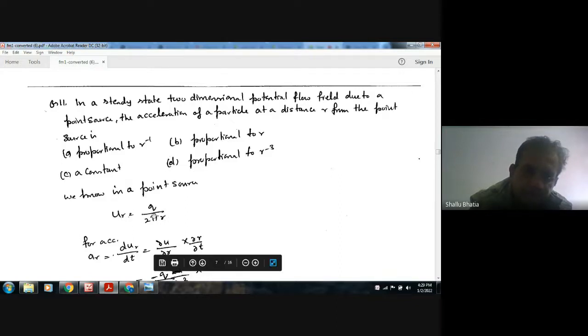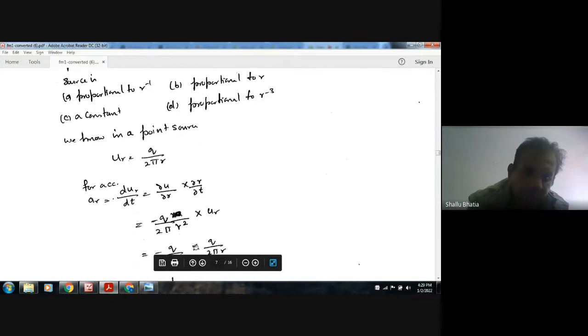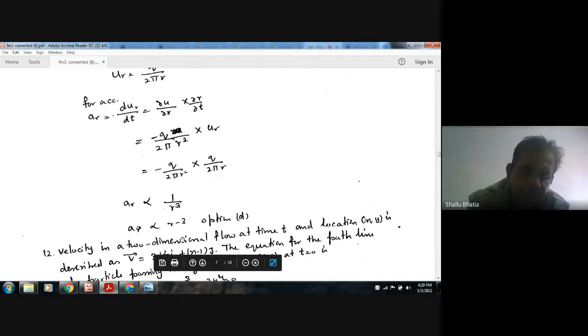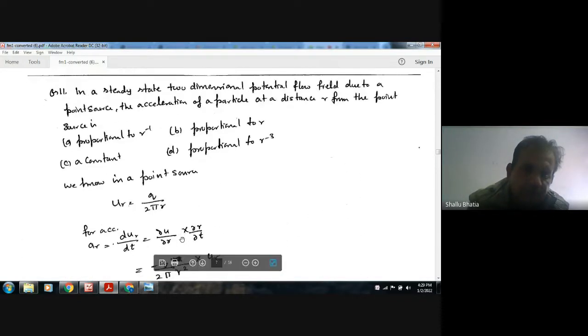The acceleration is the differential of velocity, so as u is a function of r, it is u r times du r by dr. And du r by dr is minus q by 2 pi r square. So it will be minus u r times that, putting the value of u r, it will be q square by 4 pi square r cube. So a r is directly proportional to 1 by r cube. So option D is the correct answer.